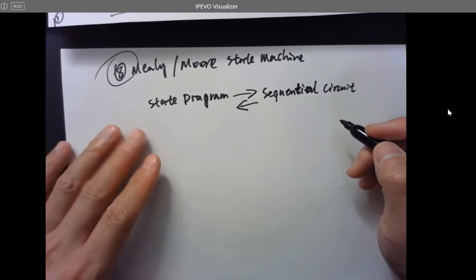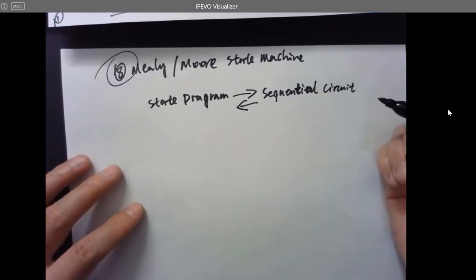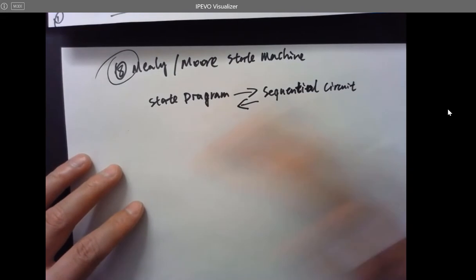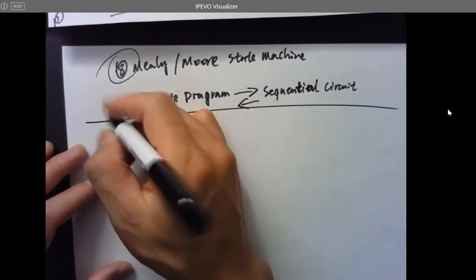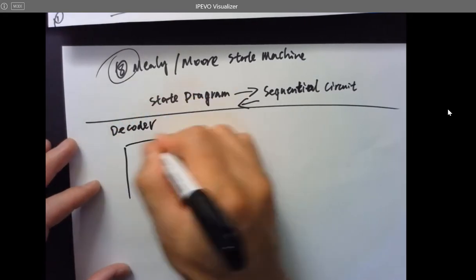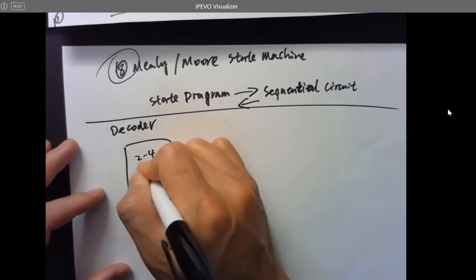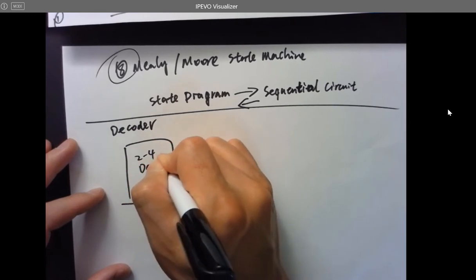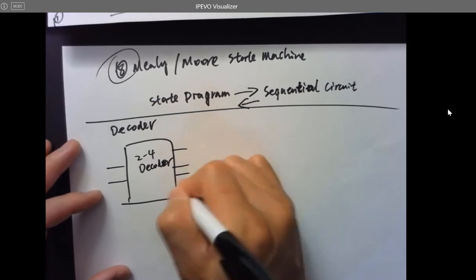Let's look at one example of the decoder. So with a decoder, you can design all kinds of output patterns. In the lecture, what we covered is, if this is a 2 to 4 decoder, you have 2 inputs and 4 outputs, right?